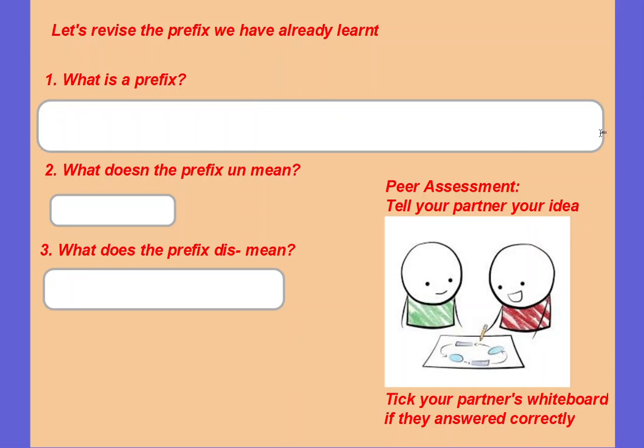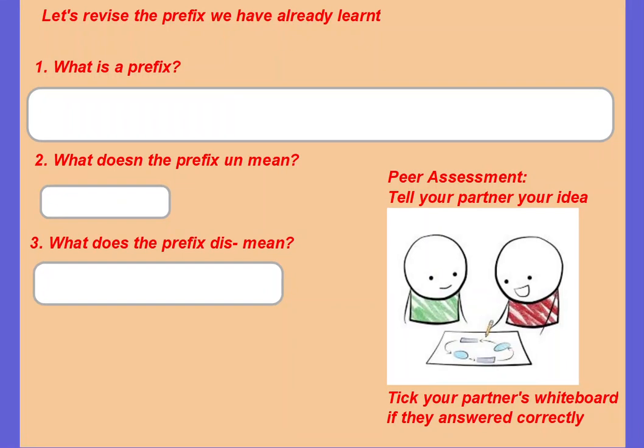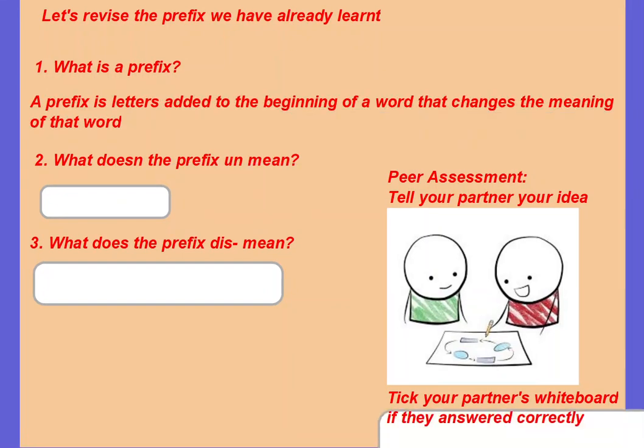Okay, let's have a look at the definition to see if you know what a prefix is. A prefix is letters added to the beginning of a word that changes the meaning of the word. If your partner said that or something similar, so if they said beginning of the word and changes the meaning of the word, I want you to put a tick on your partner's whiteboard for me.